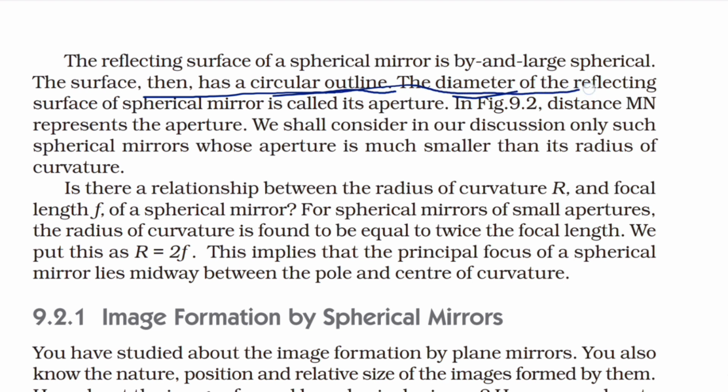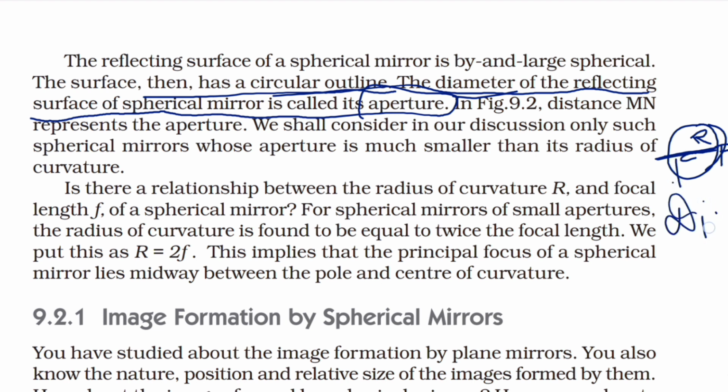The diameter of the reflecting surface of a spherical mirror is called its aperture. If this is the mirror, from the center of curvature to the pole is called the radius R, but the total diameter of the sphere's reflecting surface is called the aperture.